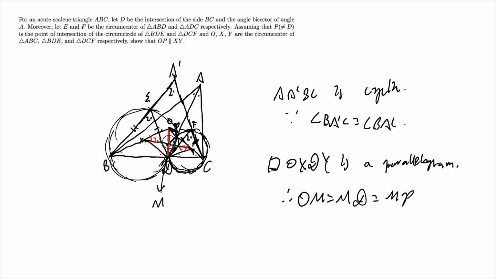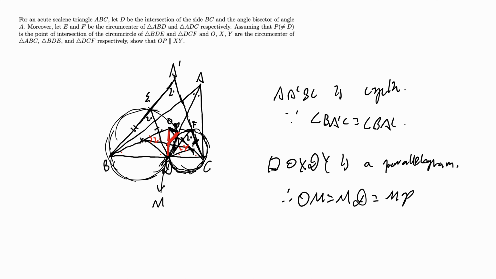Now let's look at DP, why they're equal to each other. So why these three are all equal to each other, and the reason is quite simple. It's just using congruency in triangles. Believe it or not, let's look at these two triangles.